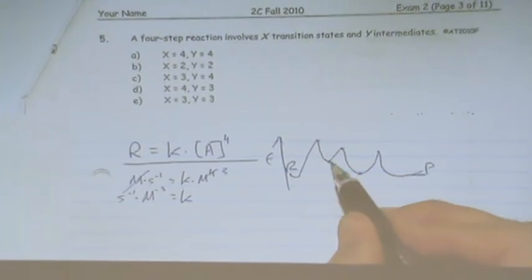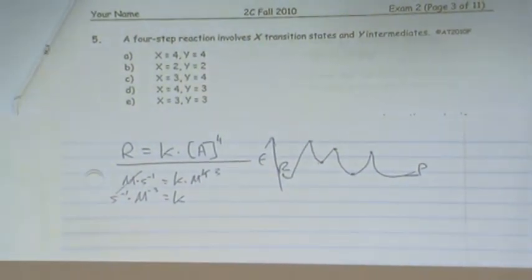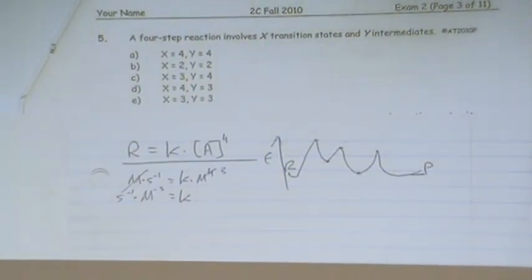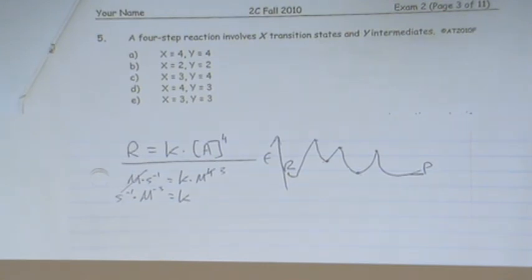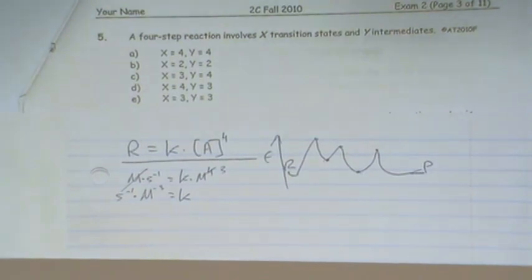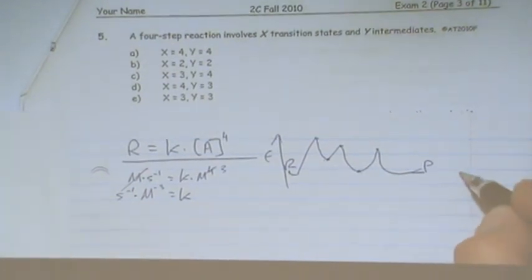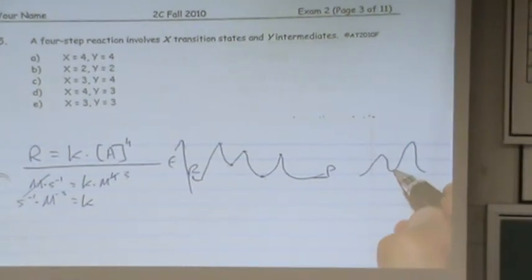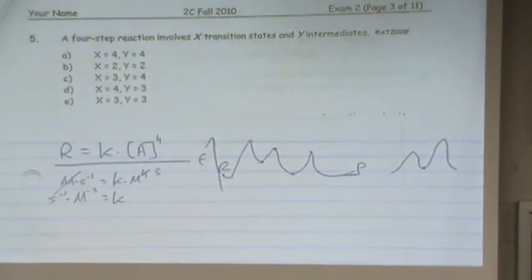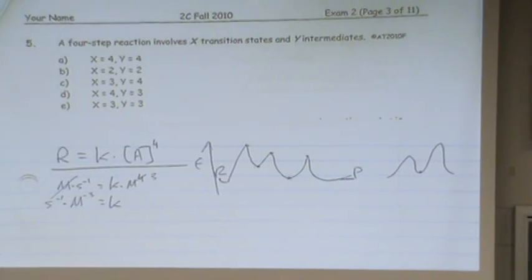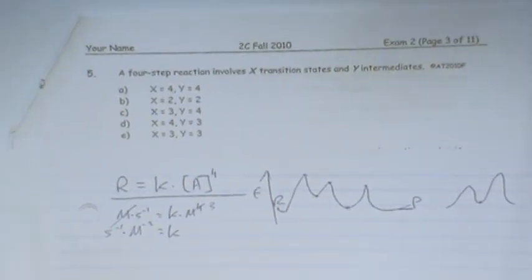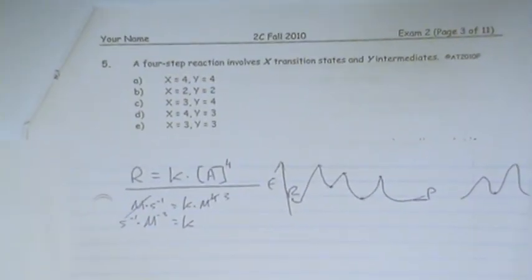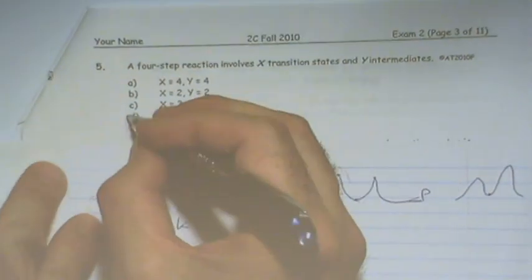If you have 3 steps, you have 2 intermediates. If I make only 2, then I have 2 steps, 2 transition states, and 1 intermediate. 2 minus 1 is 1. So the answer should be D.